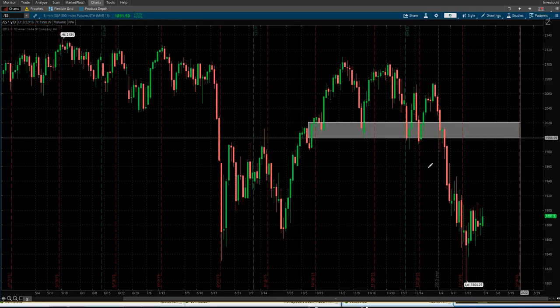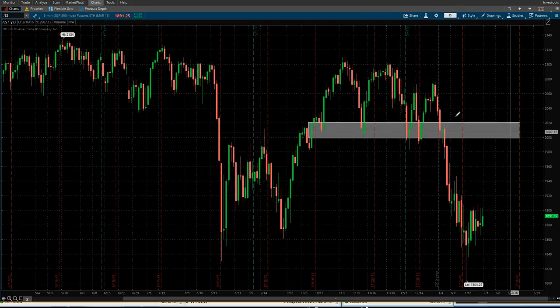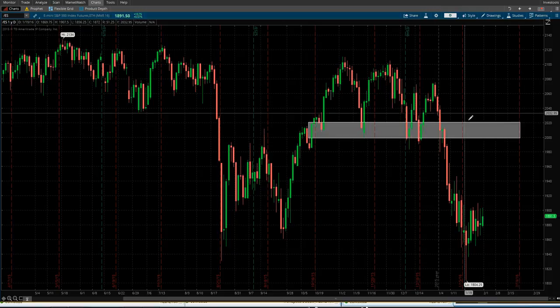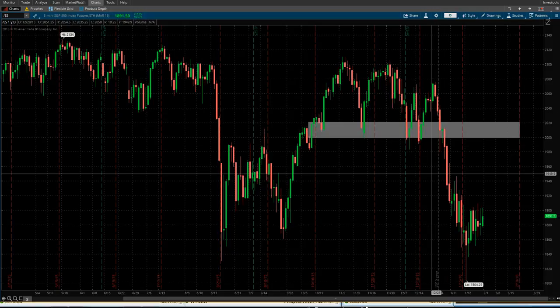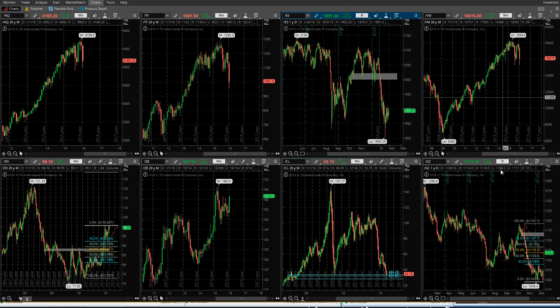So this would be a point of interest to start looking for price weakness and people buying it up. At that point, you can expect sellers to come in at this area. I think similar fate goes for the Dow.